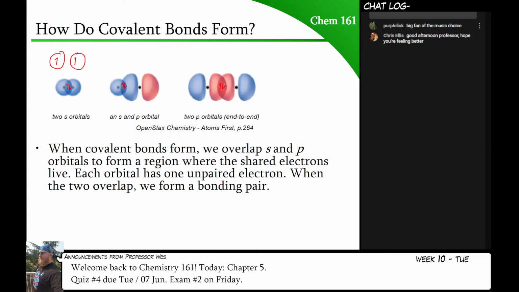What do the different colors mean? Those are the phases for the orbital that is the result of the Schrödinger equation. Remember that orbitals are represented by an equation that we didn't go over because this is an introductory class. And that equation can have positive solutions or negative solutions. The blue regions are considered to be, we'll just call them positive solutions, and the red ones can be negative.